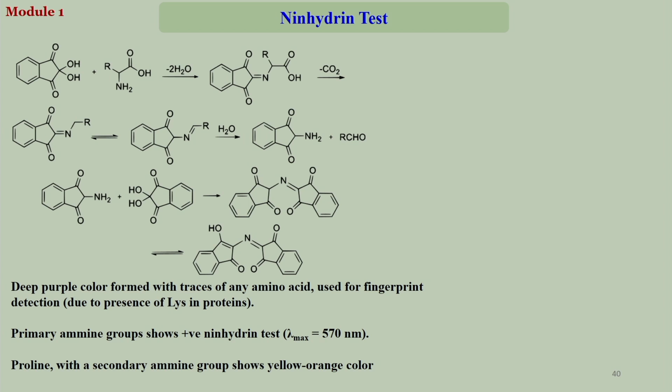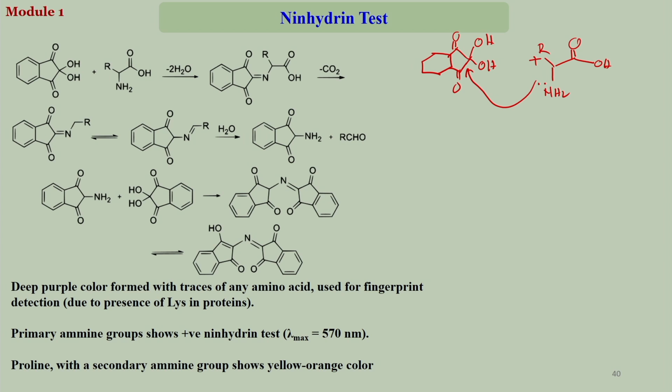First, if you have the ninhydrin here, you have OH, it is a gem diol basically, and then you have the amine group, this is R. The first reaction: the amine is basic and has a free lone pair of electrons, so it is nucleophilic.